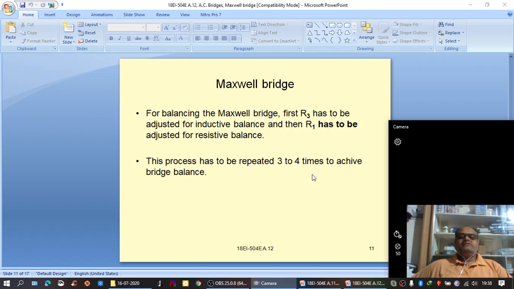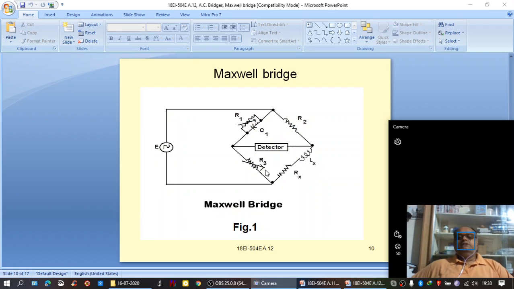This process has to be repeated 3 to 4 times to achieve bridge balance. That is, first R3 has to be adjusted, so the detector tends to come closer to the null position. It will not be exactly 0. Then gradually adjust R1 for capacitive balance.